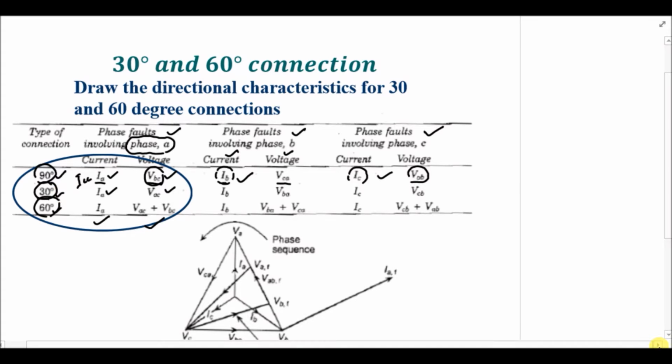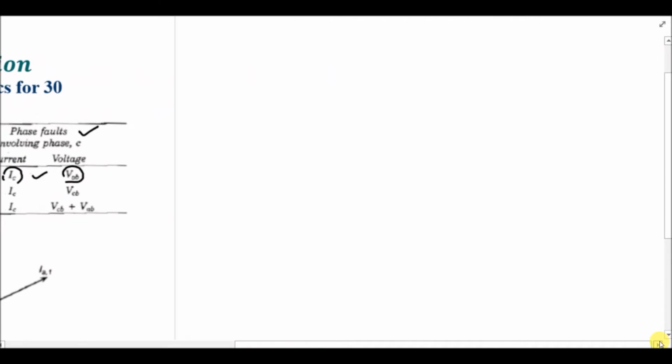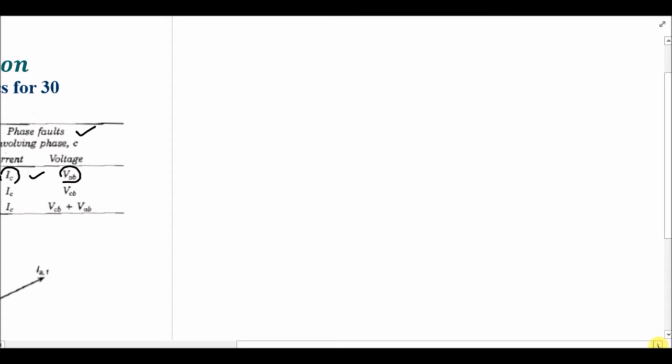But it was clear from the last lecture that we can easily determine the VPC if we know the pre-fault currents and voltages of the system.